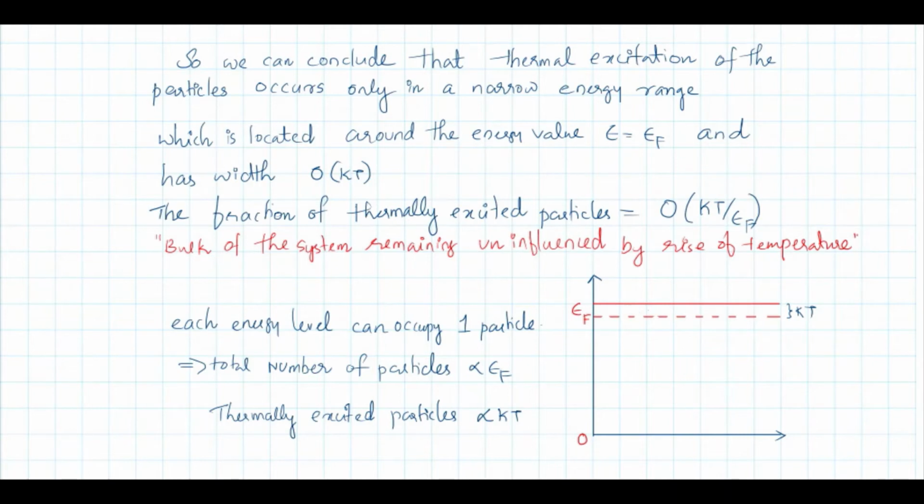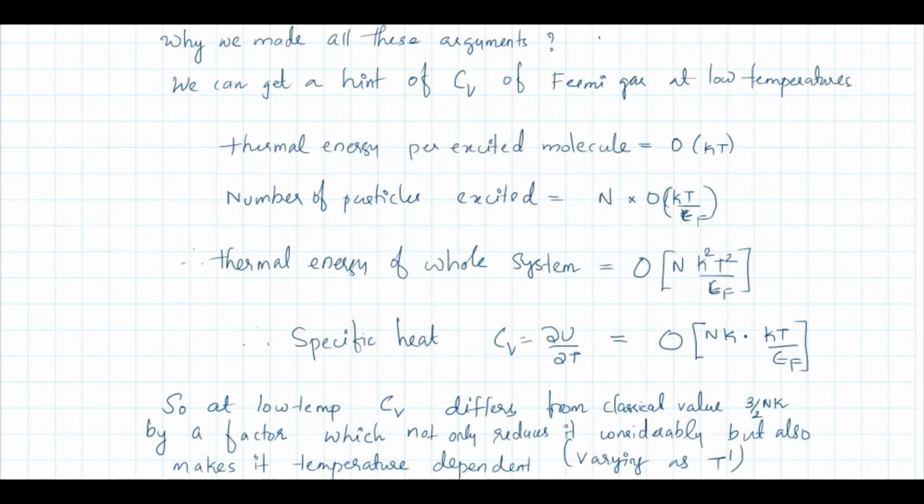We already gave an explanation for this. So if you multiply it with the total number, you will get the number of particles that are excited. So the total thermal energy of the system will be this number into the thermal energy per excited particle. If you multiply these two, you will get the total thermal energy of the system, and that is of the order of n k square T square by EF.